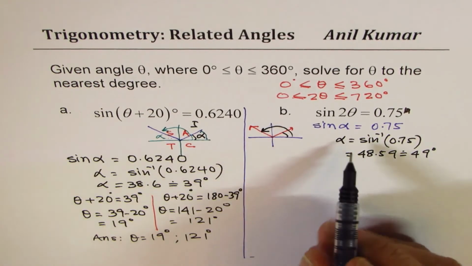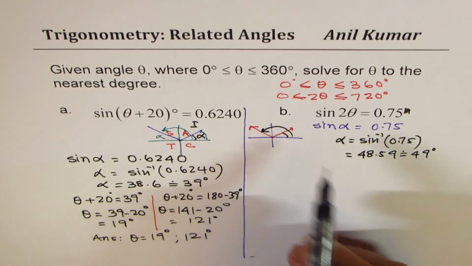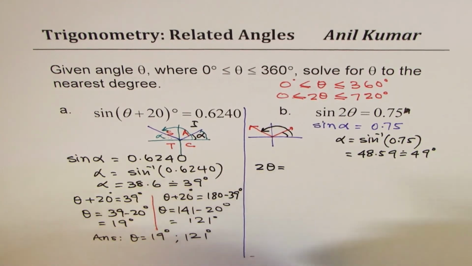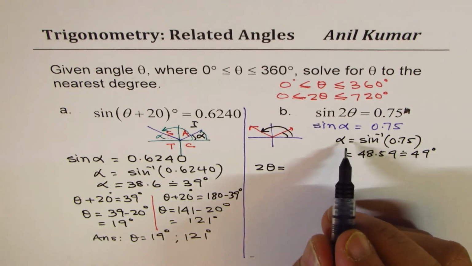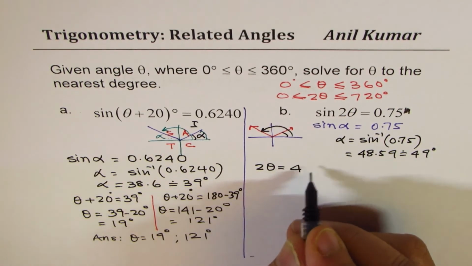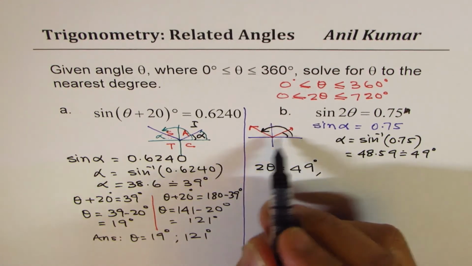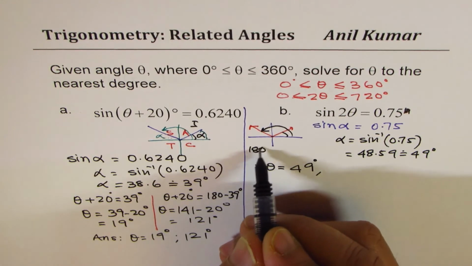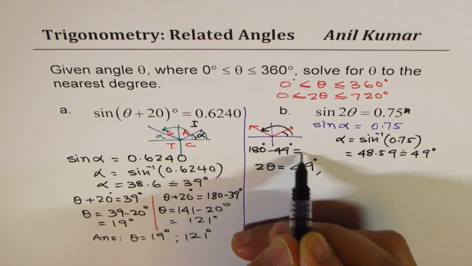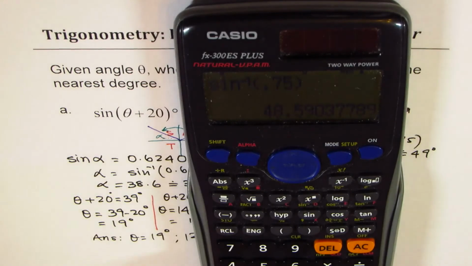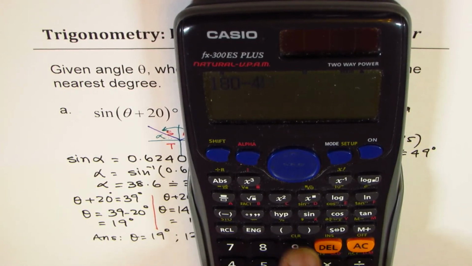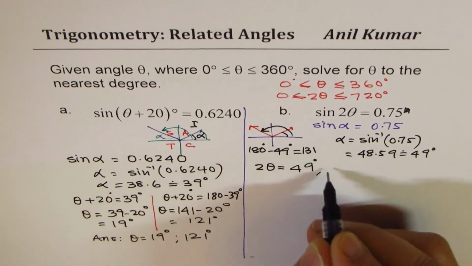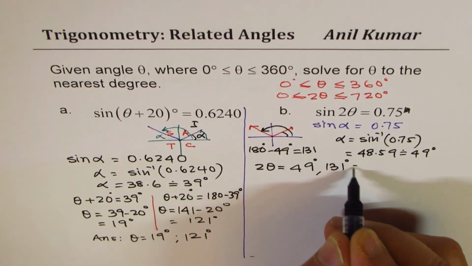We'll call these angles phi, or we can say what 2 theta equals. So we have 2 theta equal to 49 degrees, which is the same as alpha. And also 2 theta could be 180 minus 49. So the other angle is 180 degrees minus 49 degrees, which equals 131. So the other angle is 131 degrees.